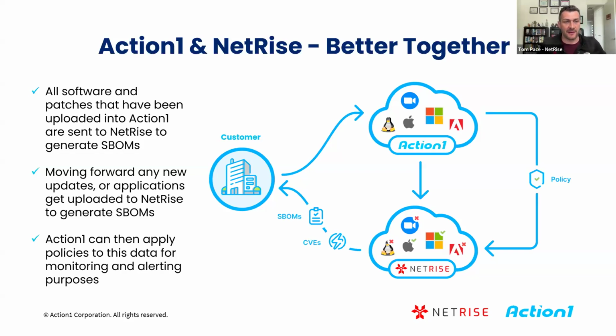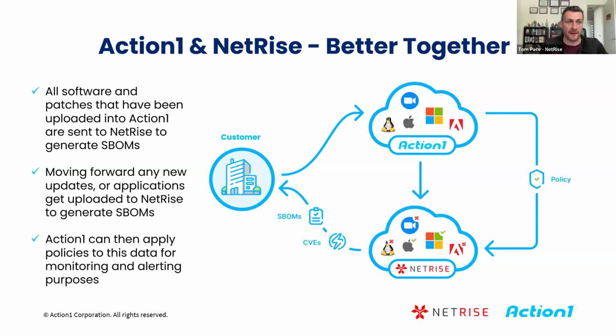So number one is if you're already an Action1 customer, that inventory already exists, of course. And so step one would be providing that inventory to NetRise via an integration. Everything's API first. It'd be very, very transparent and easy. There'd be no action required from the end users whatsoever.